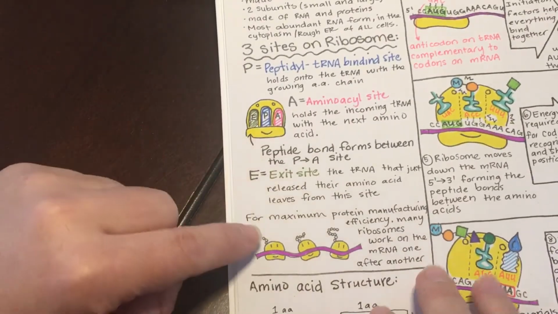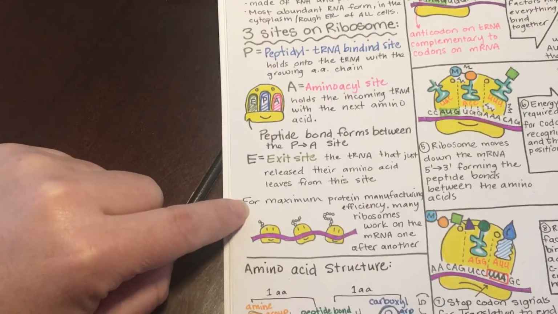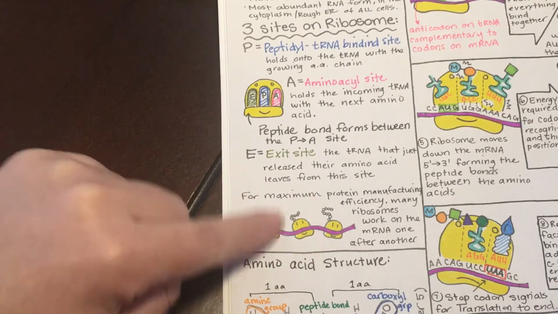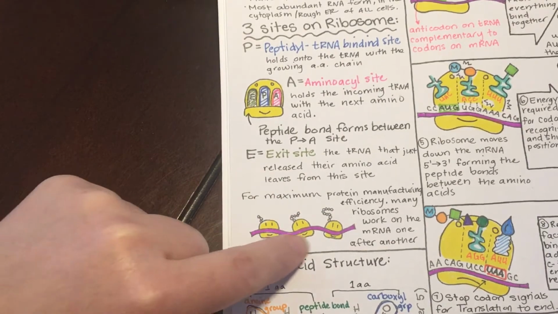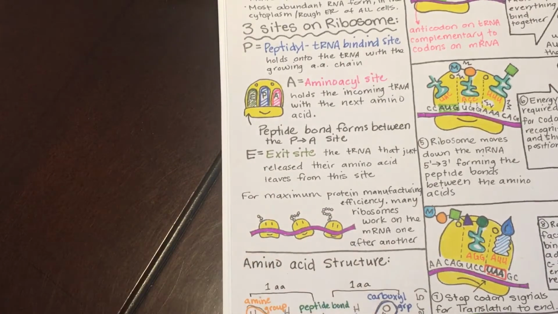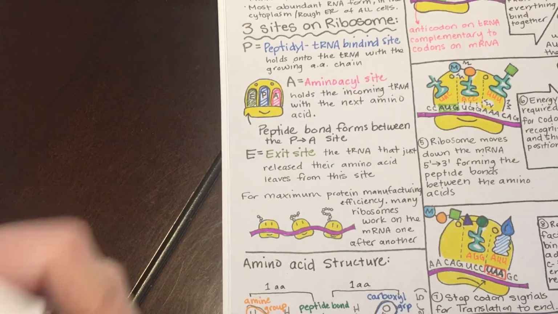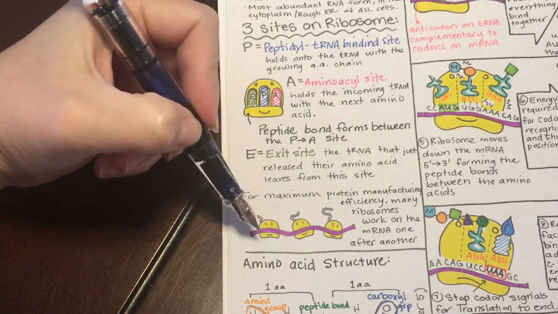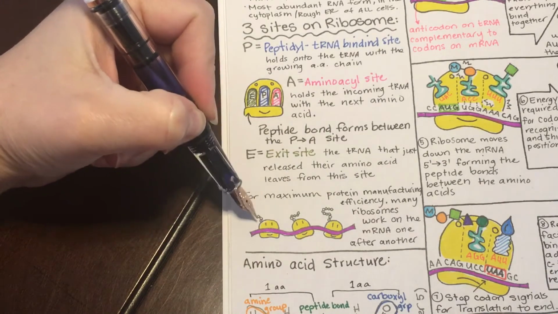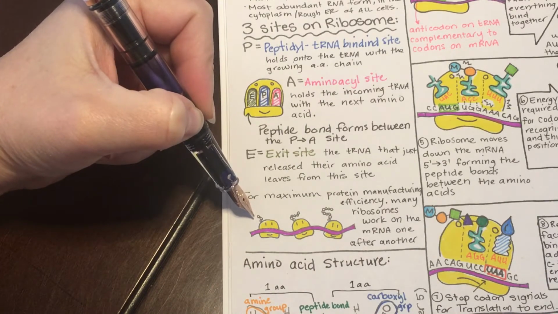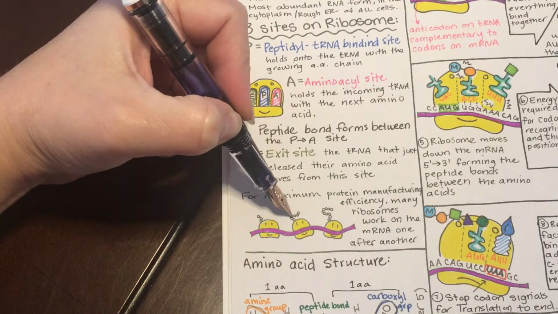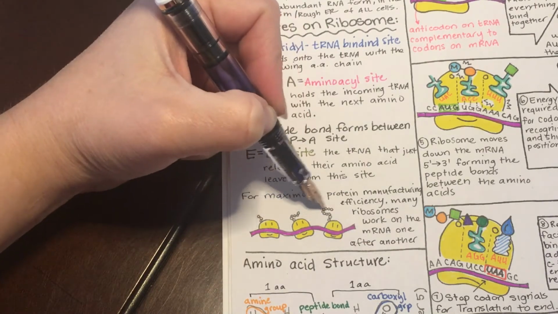And in your textbook, in chapter 17, you can see a little actual microscope image of this. There may be one mRNA strand in the cytoplasm, but there are multiple ribosomes working and building the protein. Here's one that's early in the mRNA, so it's only got a couple amino acids coming out. Here's one that's farther along, it's got more. Here's one towards the end, it's almost done.